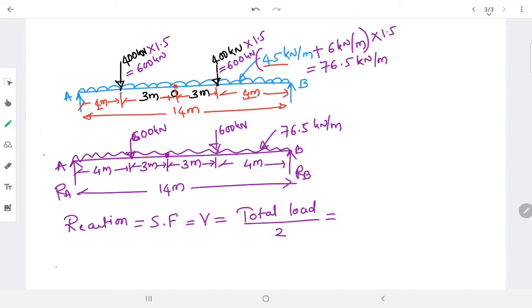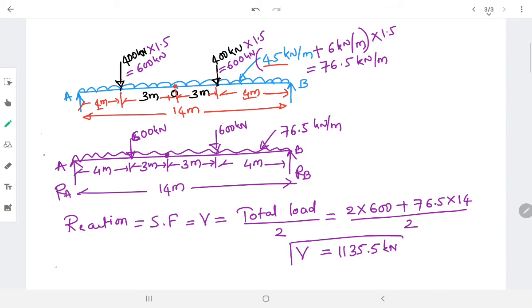So right now it is 2 times 600 plus 76.5 into 14, divided by 2. If it is not symmetrical, then go for the equilibrium equation and solve for reactions. So it comes around 1135.5 kilonewton. This is reaction or shear force at the support.